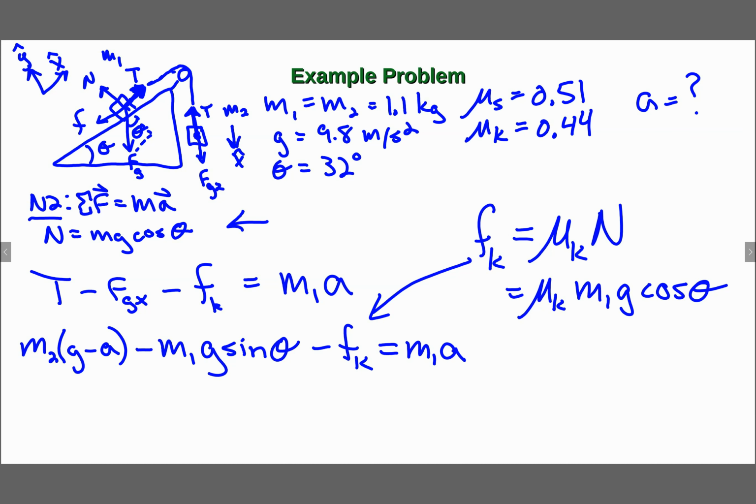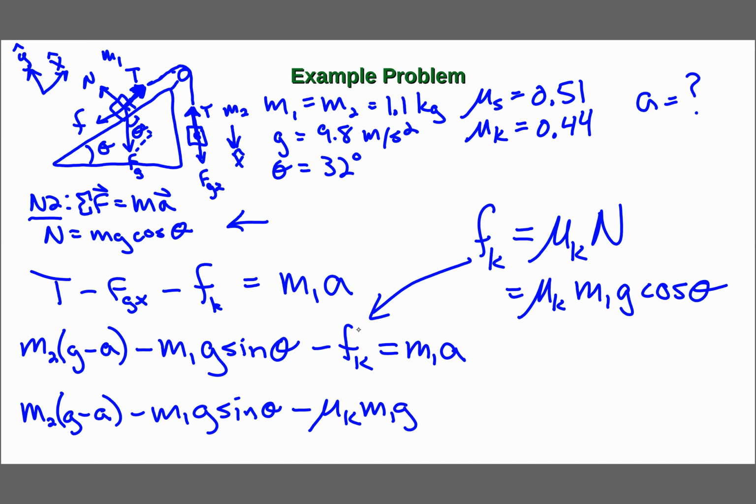And we can plug that into our equation as well. So m2 times g minus A, minus m1g sine theta minus mu sub k m1g cos theta equals m1a.